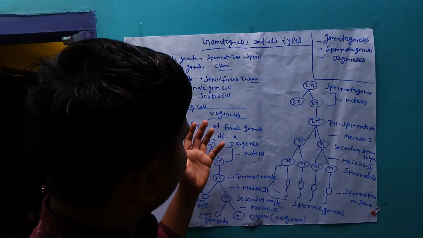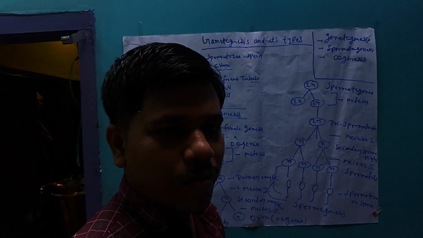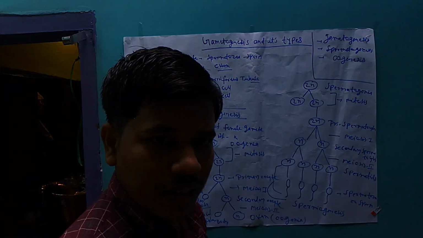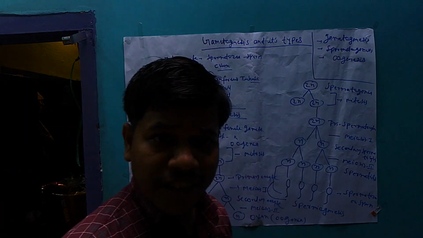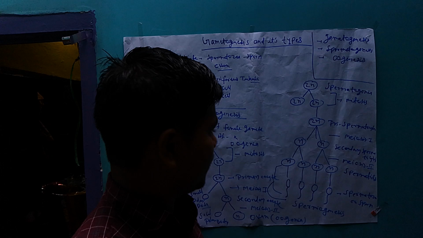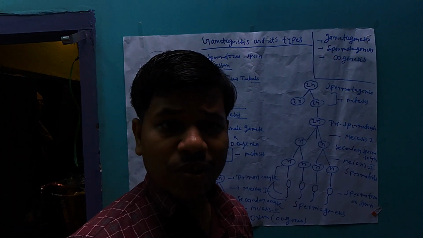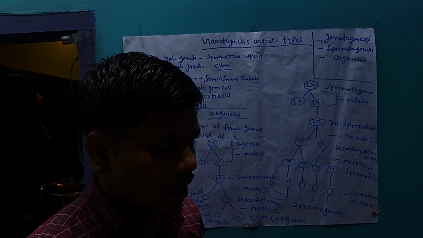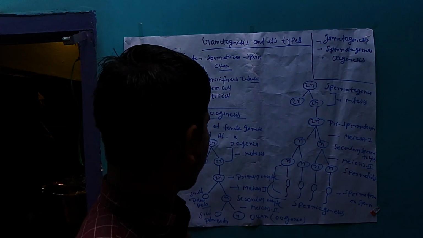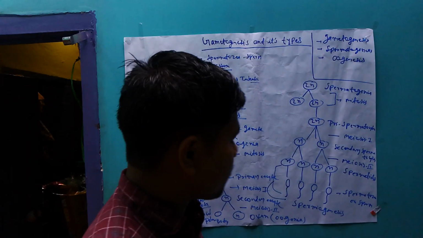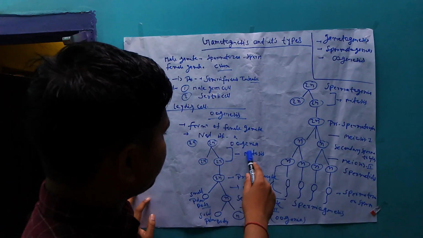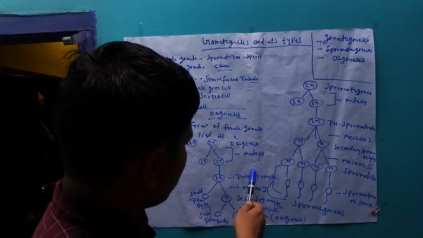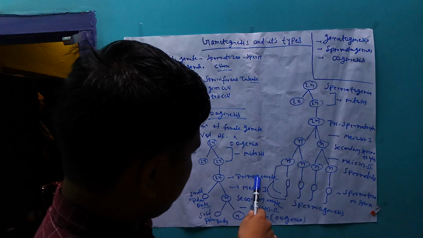Now what will we study about oogenesis? Oogenesis means the formation of the female gamete in the female, and it is initiated at early embryonal development. Note that oogonia are present only till birth, not after birth. Now we will draw the diagram of oogenesis. First, oogonia undergo mitosis and form primary oocytes.